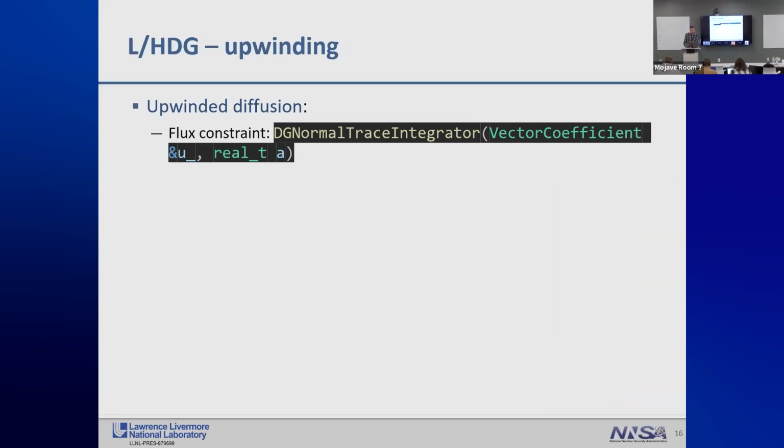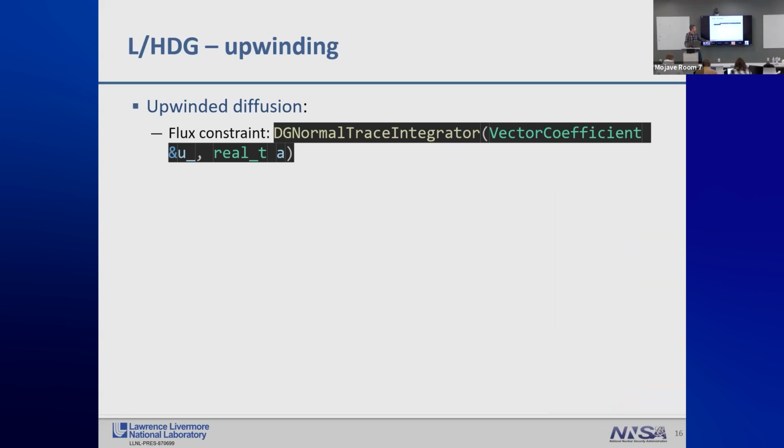So that was the diffusion, but for convection, you might want to do the upwinding. So for upwinded diffusion, there is just a different constructor of the DG normal trace integrator.